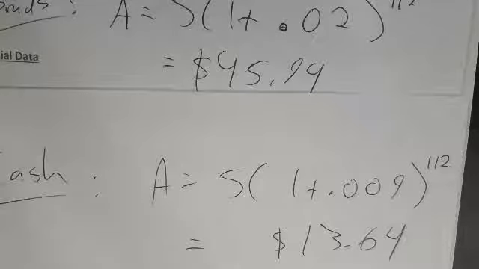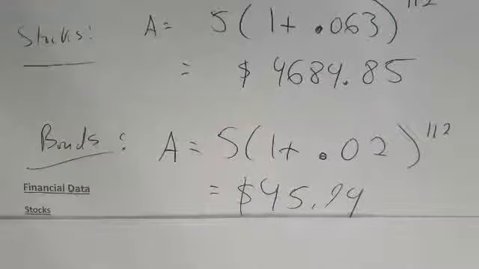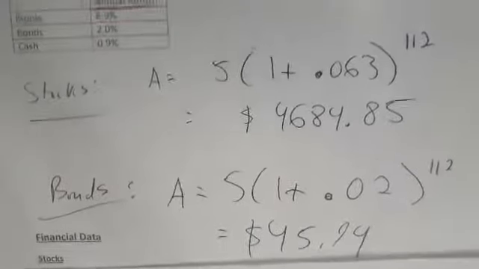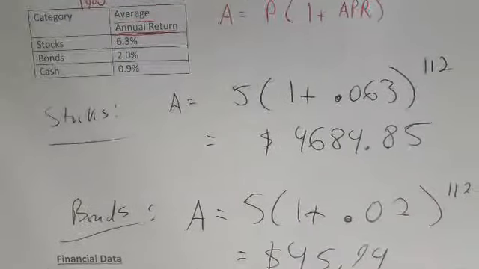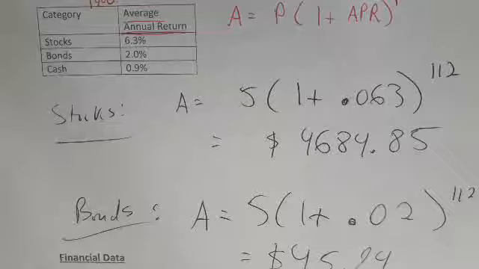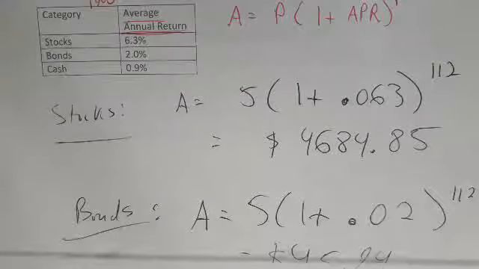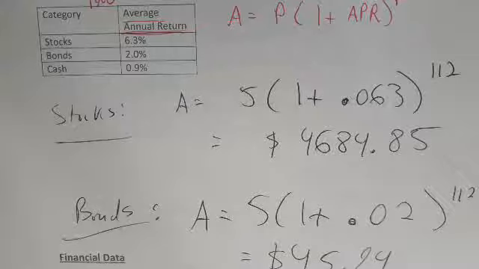Okay, so this is giving me $1,364, $45.94, and $4,684. So the average annual return that you're getting is going to make a pretty drastic difference, especially when we go for something like 112 years, right? Okay.